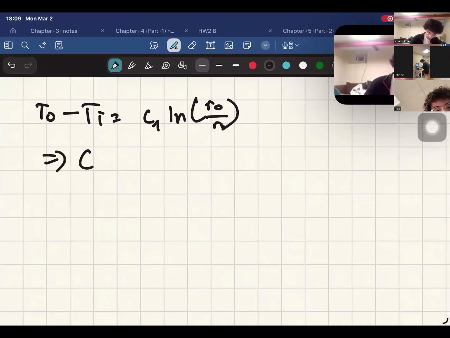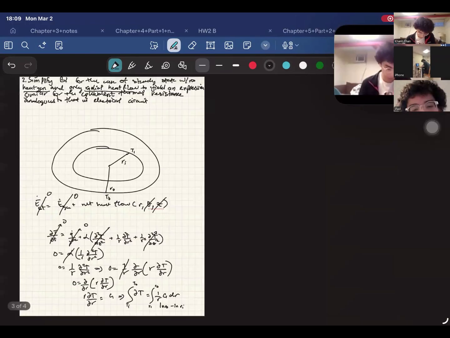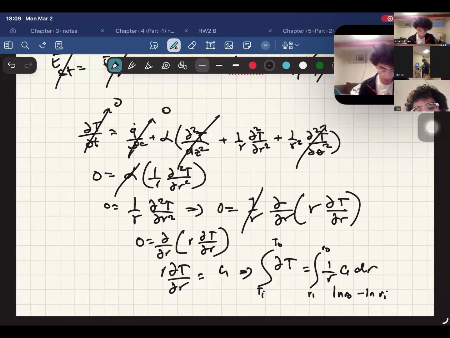So therefore we have C1 is equal to T outer minus T inner over ln of R outer over R inner, the outer radius over the inner radius.